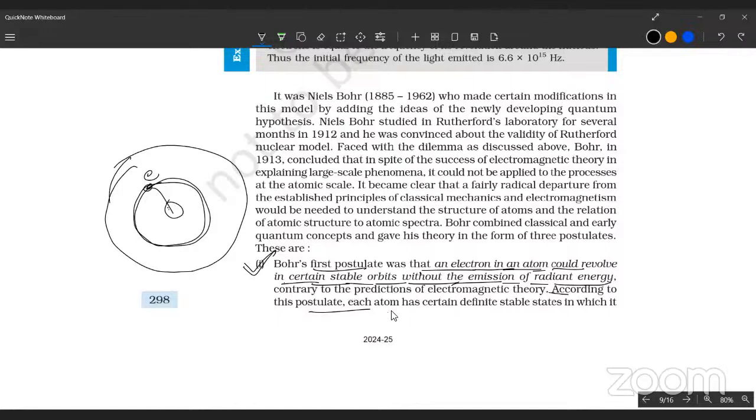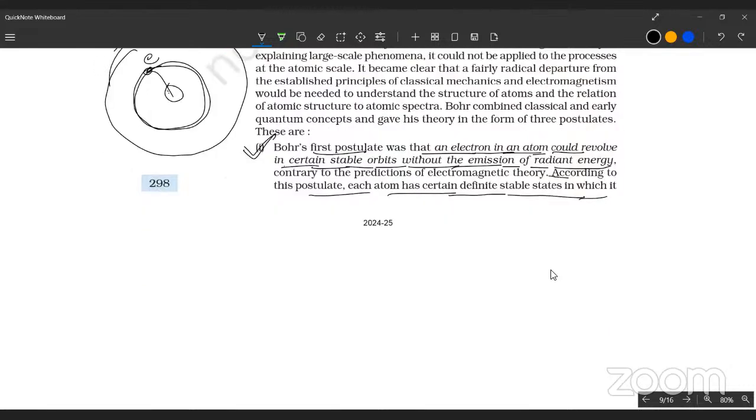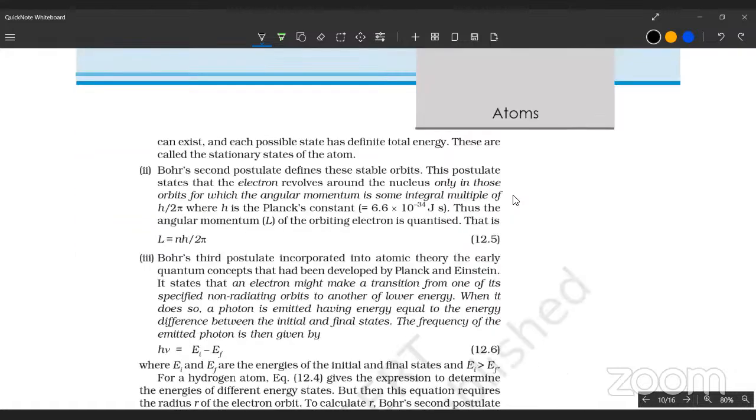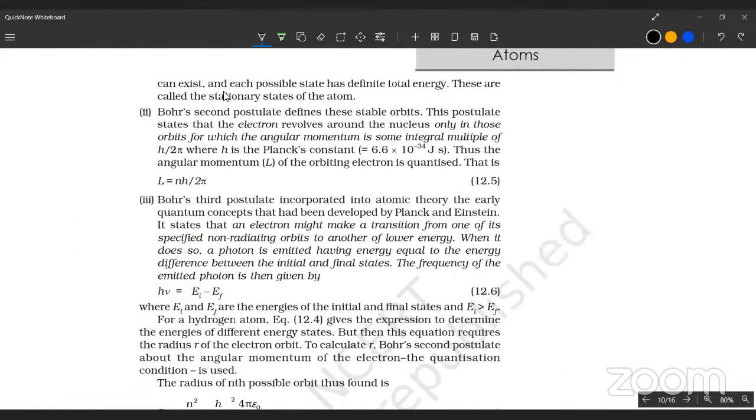According to his postulate, each atom has certain definite stable states in which it can exist, and each possible state has a definite total energy. So it's not indefinite; it's a fixed amount of energy when the electrons are revolving around the nucleus.